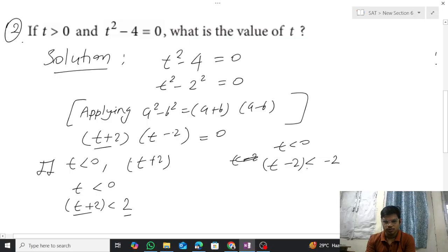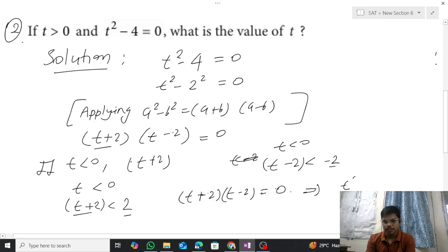And what about t minus 2? Because t is less than 0, t minus 2 should be less than minus 2. So t plus 2 is less than 2 and t minus 2 is less than minus 2, and the condition is t plus 2 times t minus 2 is equal to 0.